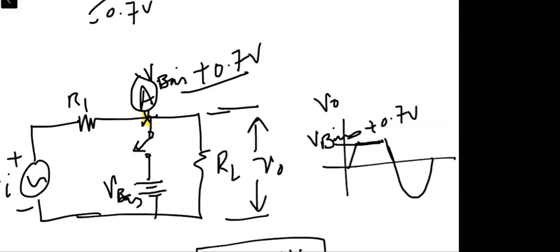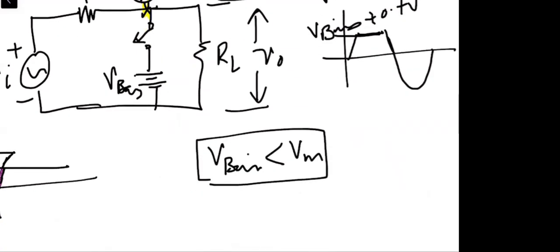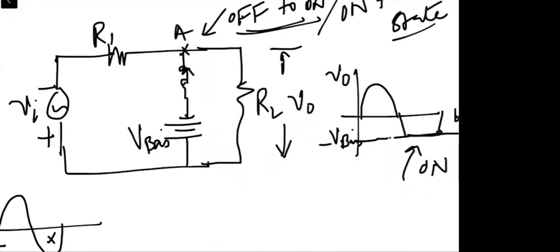And at this specific value, we have the output for the positive half cycle, right? And for the negative half cycle, the situation is the same. The same is the case with the rest of the circuits which we have discussed. So in this specific case, it will be minus V bias and minus 0.7 volts, so you can adjust it accordingly.